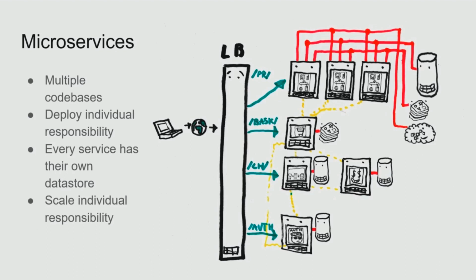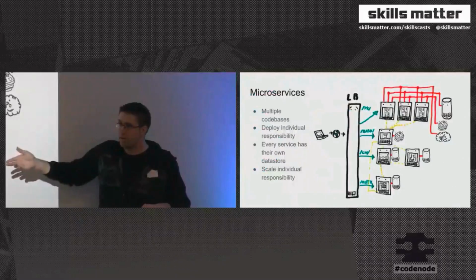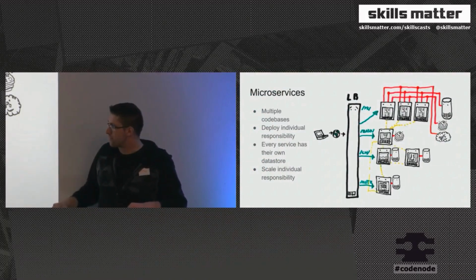So, for example, for the order microservice, we will say, okay, this could be just like a little Ruby Sinatra application. So we will just git init a new Sinatra project, push it to its own GitHub repository, and when we want to deploy, we will deploy it to its own EC2 instance in AWS, and we will connect its own Postgres database.